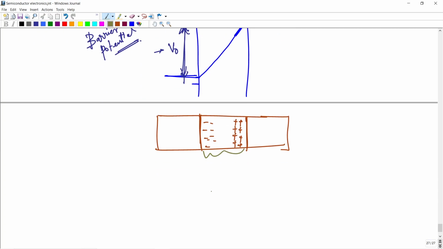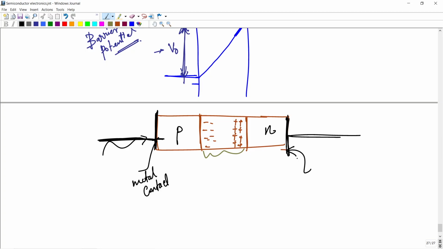We know that at these two ends, here is the p-type semiconductor, here is the n-type semiconductor, and here are metal contacts, at both ends. And now there are electrons, and here are some holes.